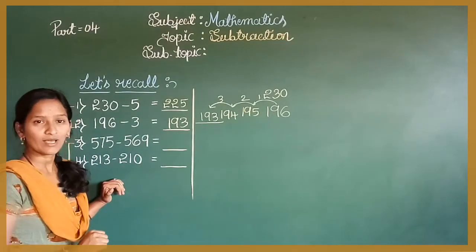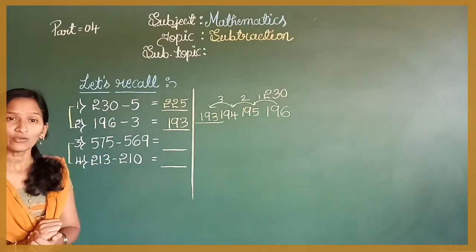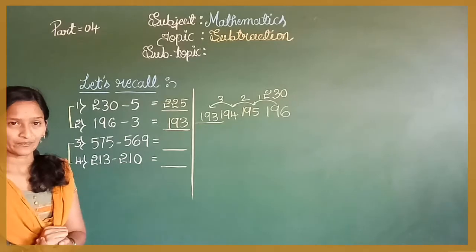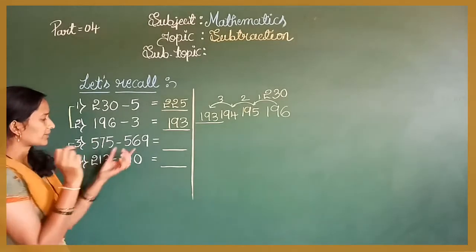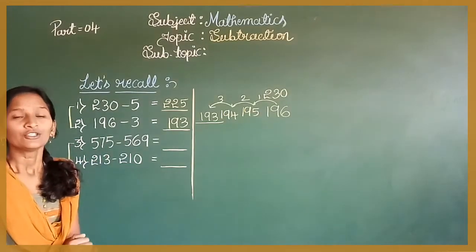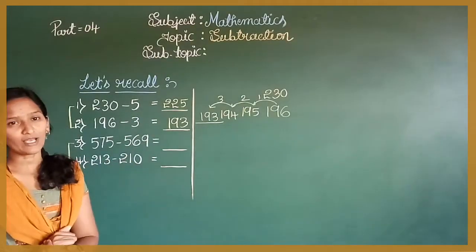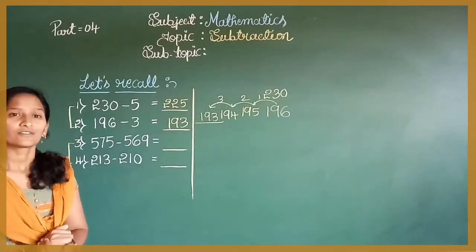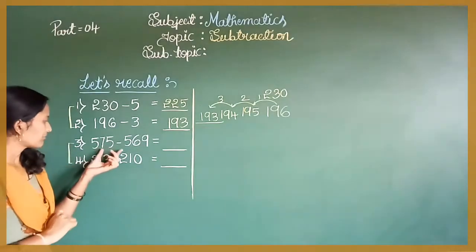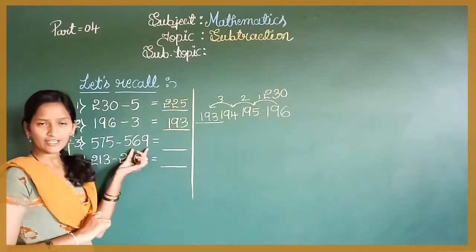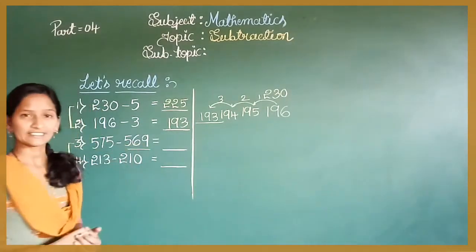These problems belong to our counting forward method. In the first problem, 575 minus 569. What steps do you use to solve this problem? First you have to fetch the smaller number. In 575 and 569, which is the small one? 569, right?